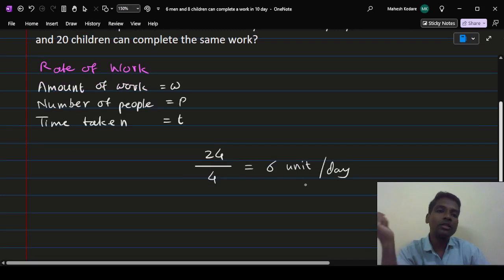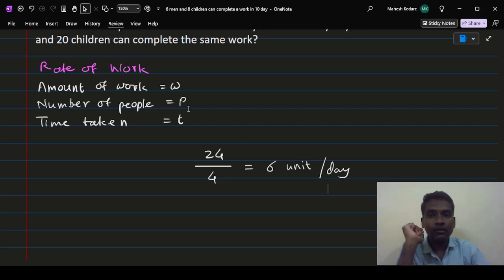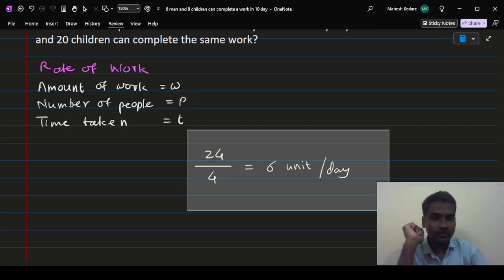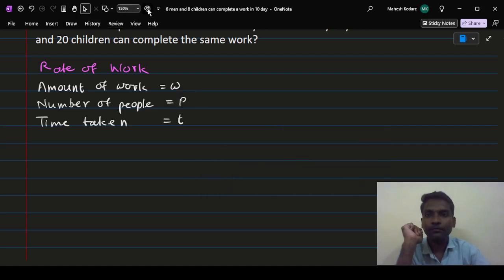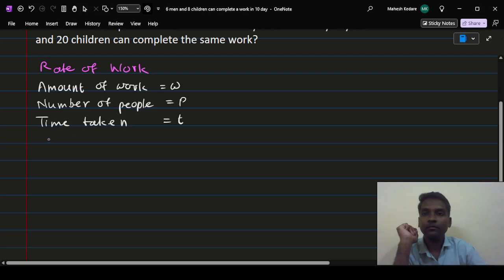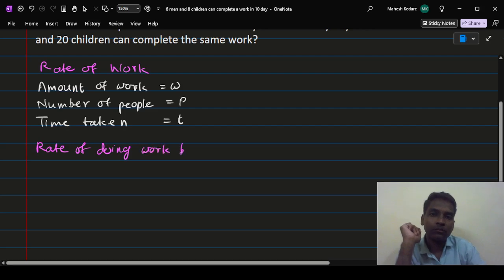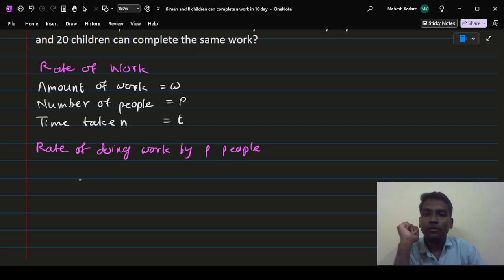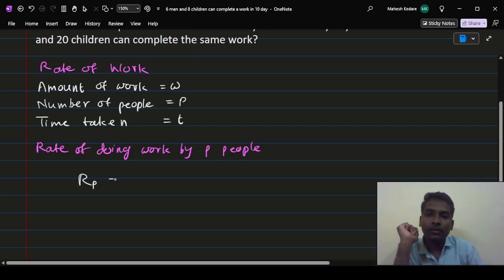We call this the rate of doing work, and this rate of doing work is by P people together. The rate of doing work by P people is obtained by dividing work by time taken.